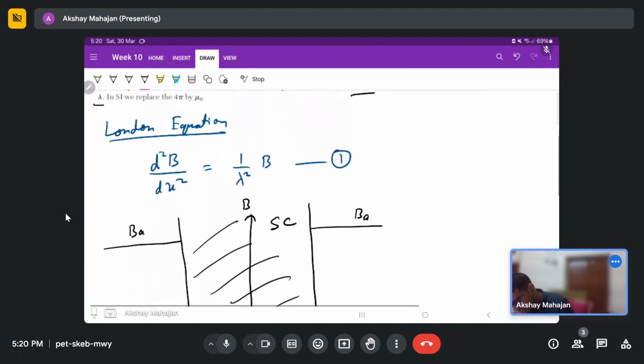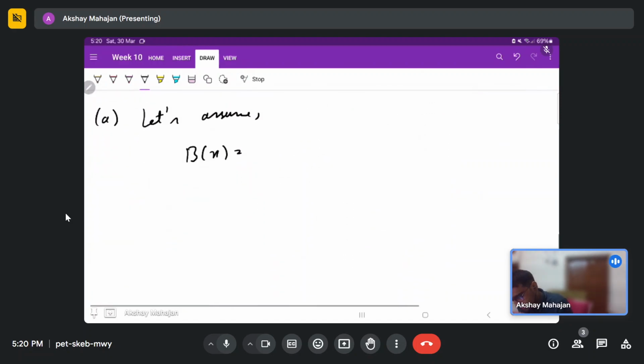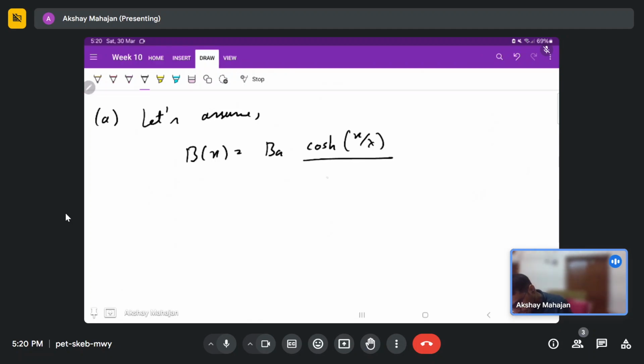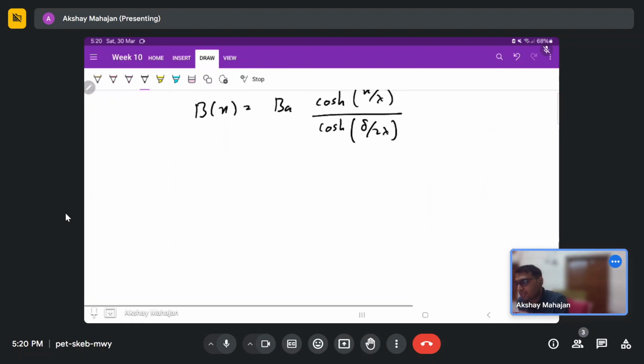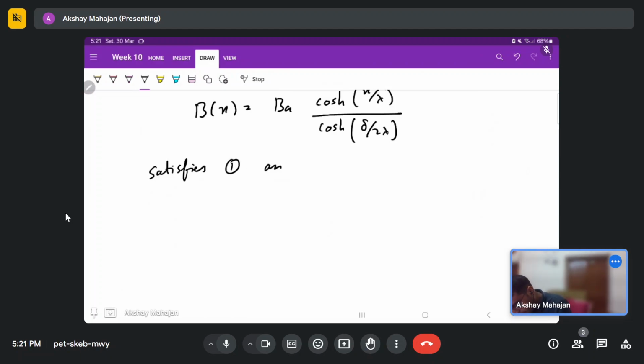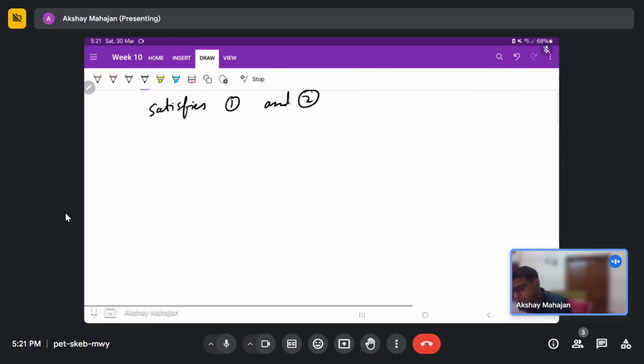This London equation and this boundary condition, that is what is given to us: B_a cosh(x by lambda) divided by cosh(delta by 2 lambda). So we assume it satisfies equation 1, the London equation, and equation 2, the boundary condition.